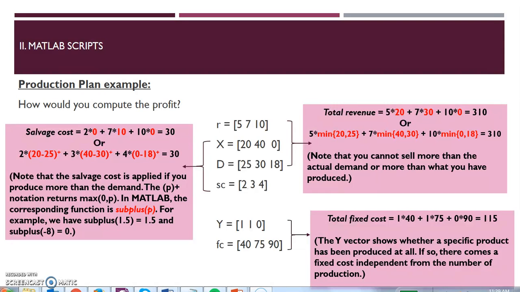If that subtraction results in a negative number, that means the production has been less than the actual demand. So for the negative values of the subtraction, we do not pay any salvage costs, so we need a function that subtracts the demand from the actual production, and if the result becomes negative, it should become 0.